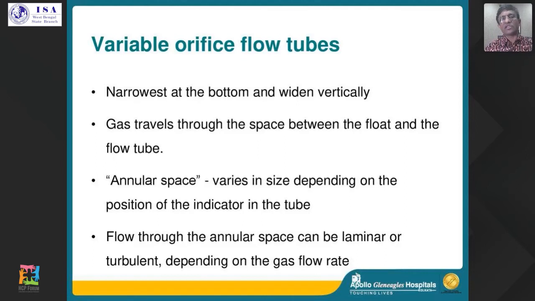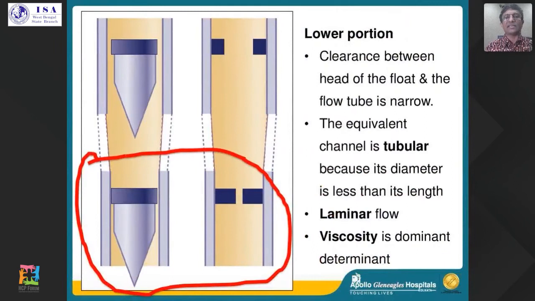Gas travels through the space between the float and the float tube, the annular space, and the flow through the annular space can be either laminar or turbulent depending on the gas flow rate. In the lower portion where the gas flow rate is low, the clearance between the head and the float is narrow, so the annular space is essentially tubular. The flow is therefore laminar, and in a laminar flow, the viscosity of the gas determines the flow.